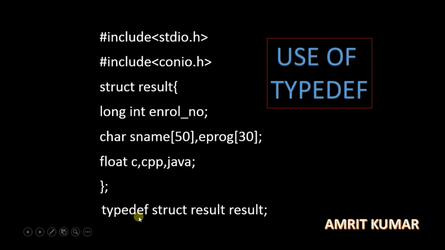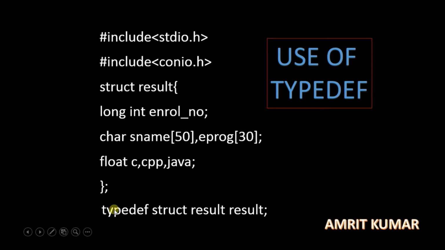Okay, then finally I am using the concept of a typedef here, because this is going to show how we can use typedef in structure. So you need to define typedef, because typedef helps you to define anything in C language.